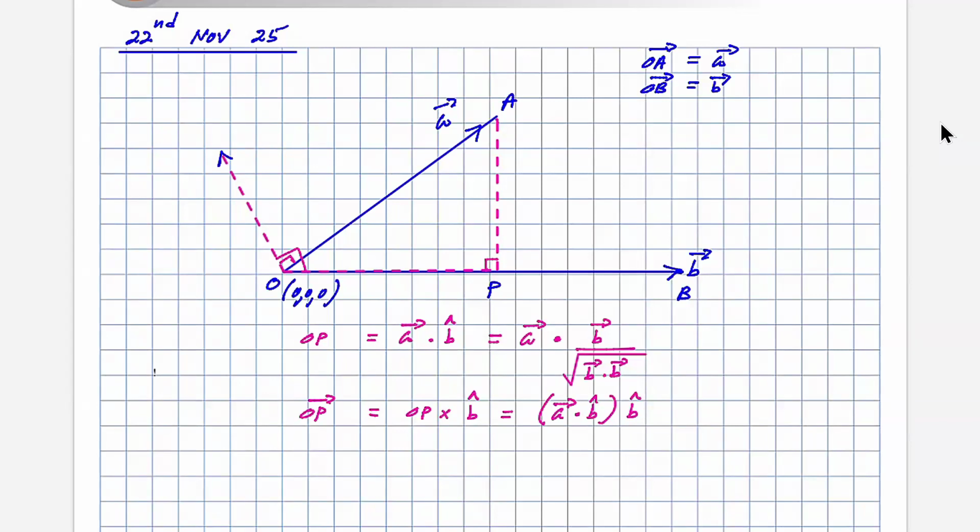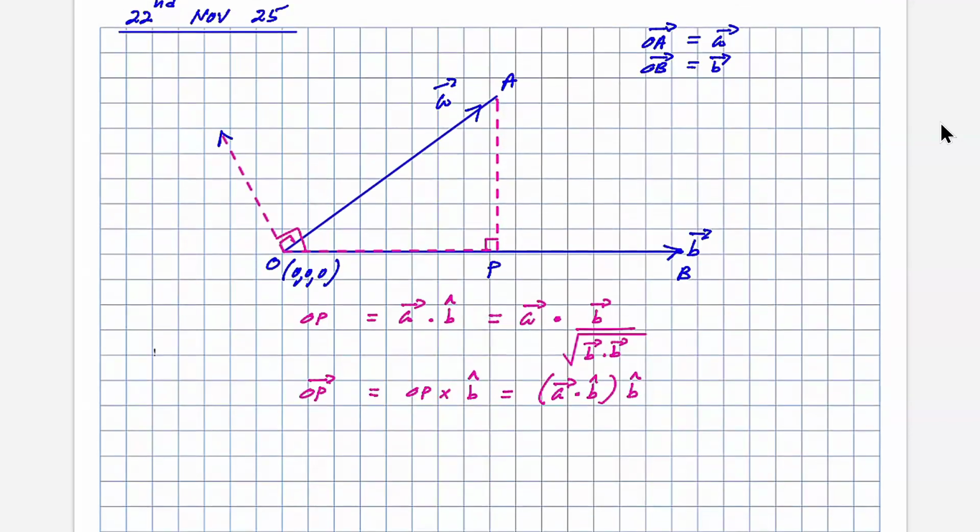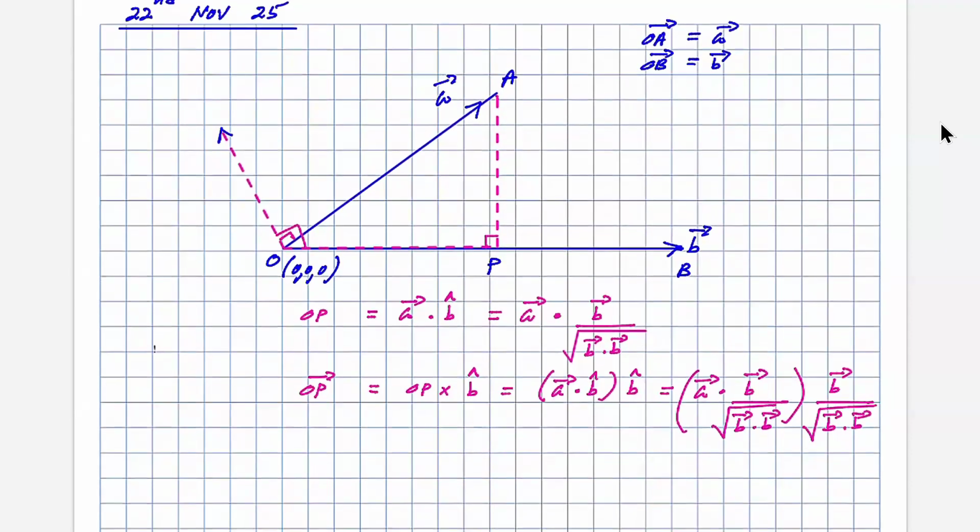If you want, you can replace B hat by the other formulation, which is B vector divided by the square root of B vector dot B vector, and then outside you have B vector divided by the square root of B vector dot B vector. All good?